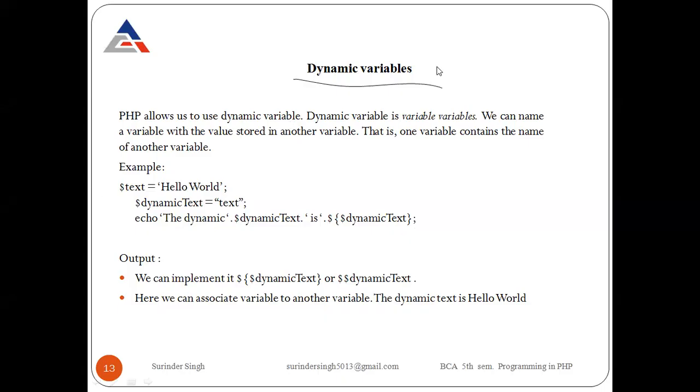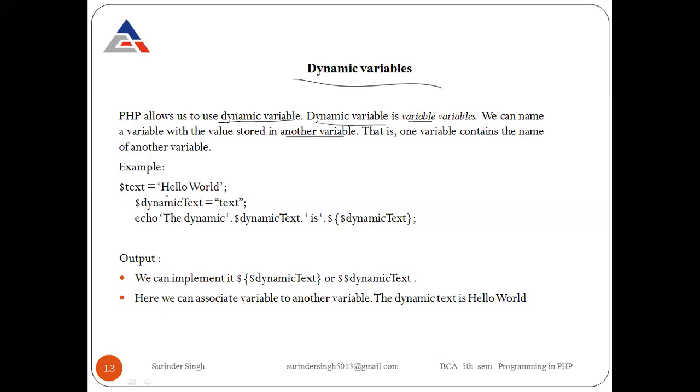In the same way, here from one variable you can indirectly access another variable. PHP allows us to use dynamic variables. What does it mean? We can name a variable with the value stored in another variable.